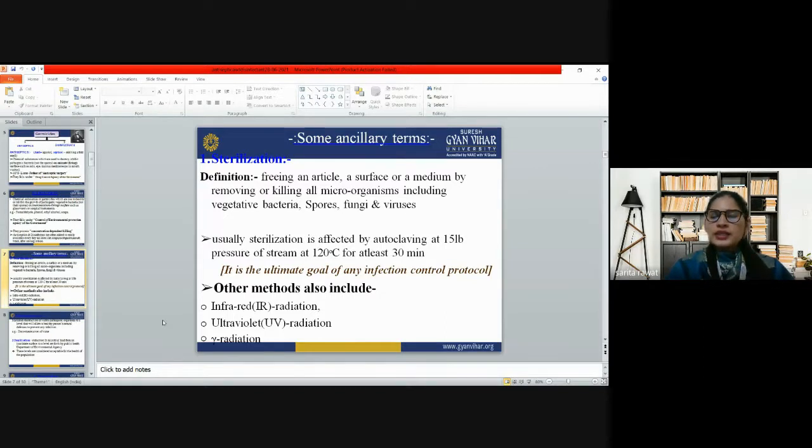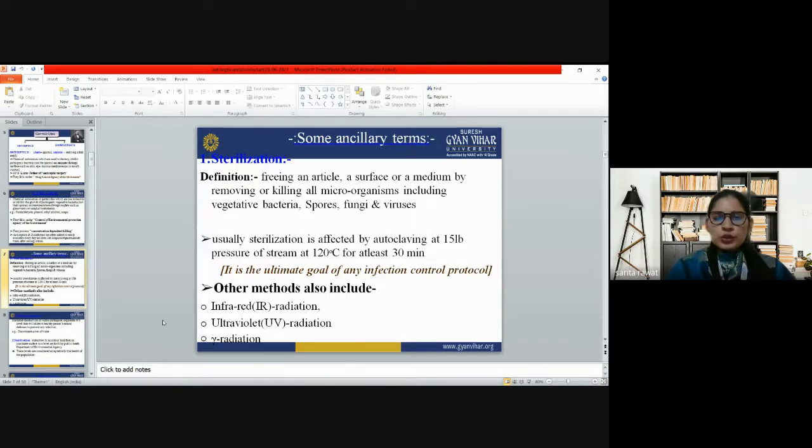The first term is sterilization. What is sterilization? Freeing an article, a surface or a medium by removing or killing all microorganisms including vegetative bacteria, spores, fungi and viruses from that surface.